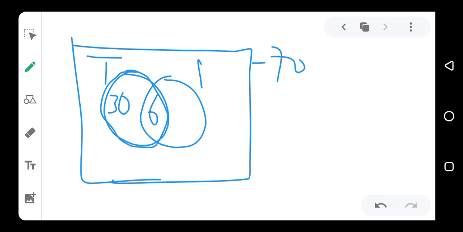So to find the remaining part of the circle, it is going to be the total people in the circle minus the pupils in the intersection, which is 34 minus 6. 34 minus 6 will give us 28.